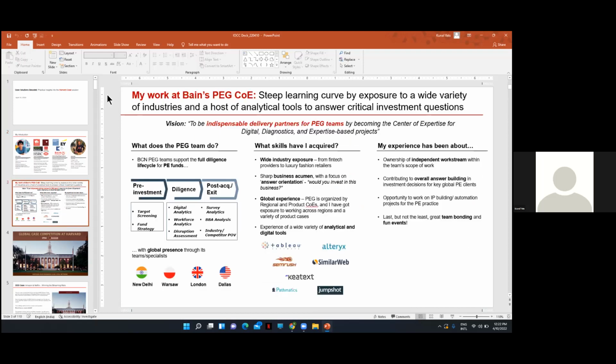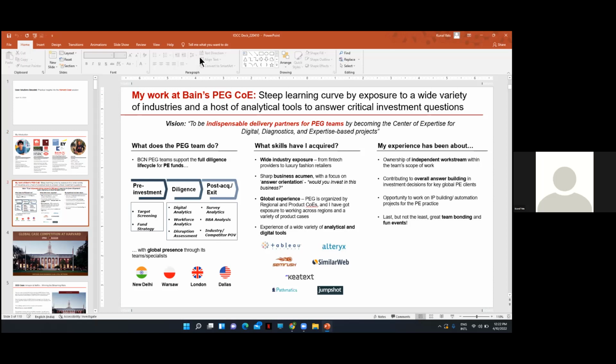Now, the kind of work we do at Bain, especially the private equity practice, which I'm a part of, is essentially answering different investment questions using some diligence tools. The way a private equity transaction is laid out is it has a pre-investment stage wherein you're looking at companies to invest in from the PE firm's perspective.